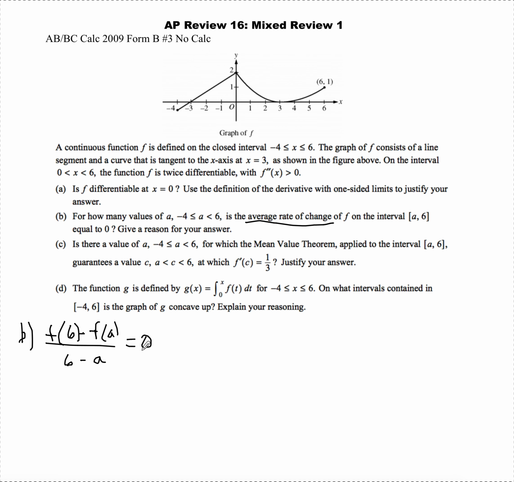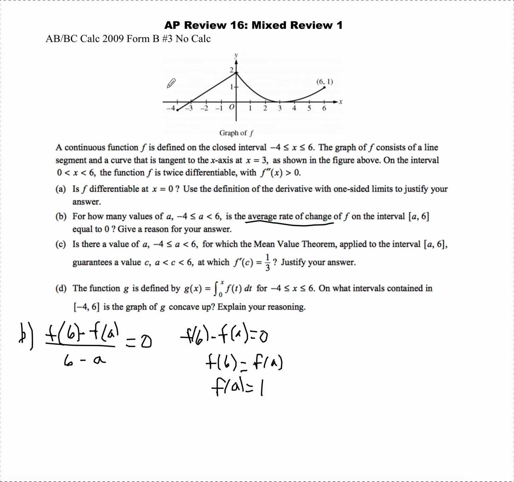Now I got to figure that out. I want to figure out how many values of a is this average rate of change going to be equal to 0. Well, if the average rate of change is equal to 0, that means the numerator is equal to 0, right? If the numerator is equal to 0, that means f of 6 equals f of a, right? So what is f of 6? F of 6 is 1. So in other words, for how many a values is f equal to 1?